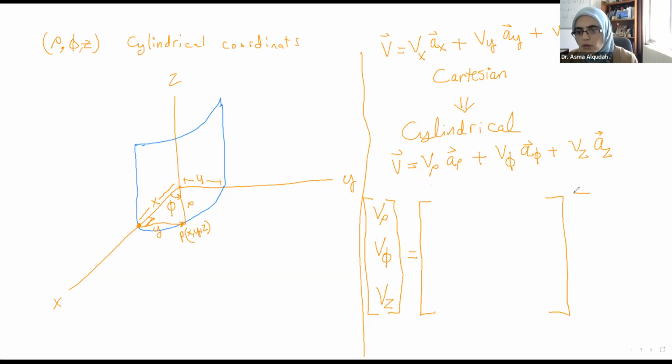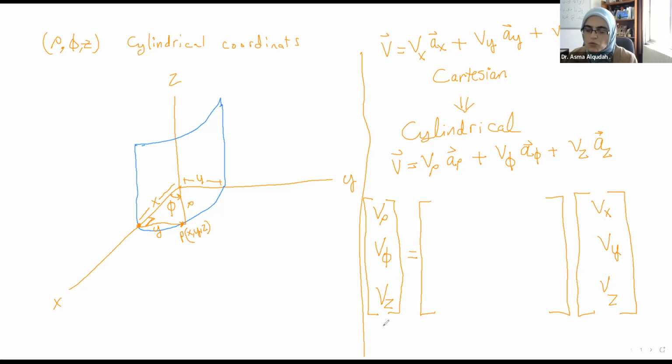And here we use the vector components in the Cartesian space, which are V sub x, V sub y, and V sub z.